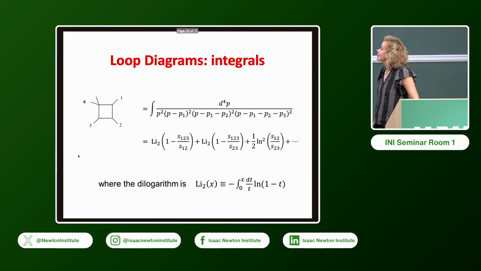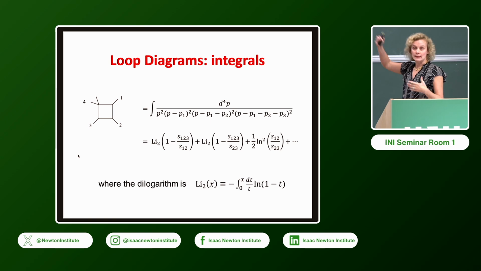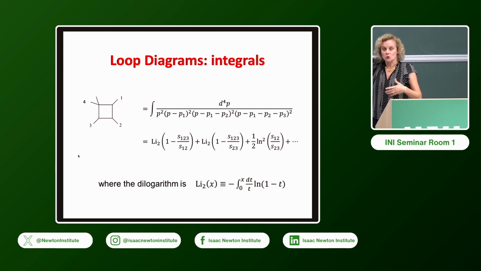So, let me tell you a little bit about loop amplitudes. On the wish list that I had, there are some processes, like NLO, NNNLO. N means next to leading order, which means a loop diagram.